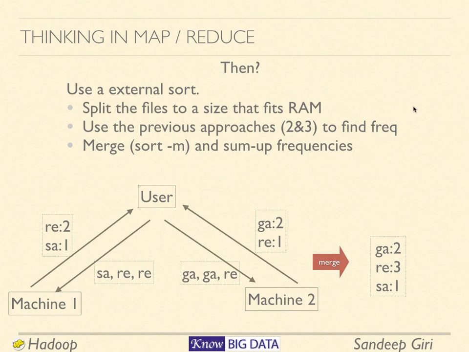This is the fourth approach, and it is also known as distributed sort. So what does an external sort or distributed sort mean? It means that you split the file into chunks of a size that fits in RAM, and then you send all these chunks, all these blocks, to multiple computers to get them sorted, and then you can merge them using a command called sort -m.